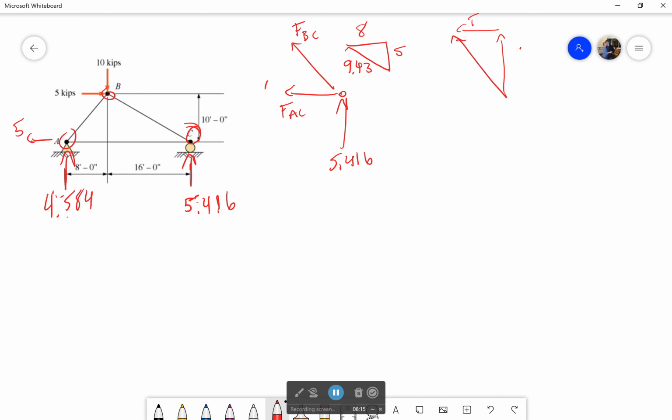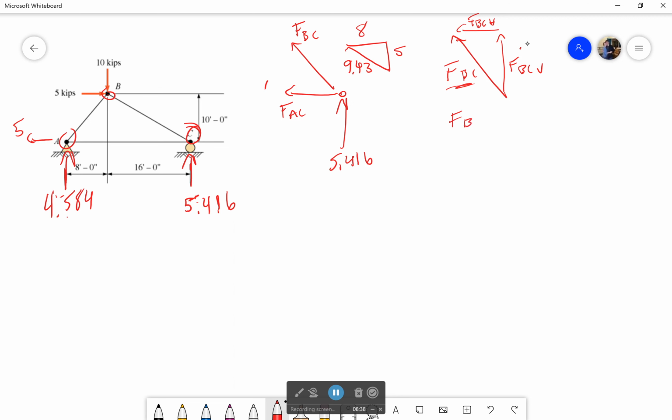Okay. Force BC horizontal, force BC vertical. Nope, everything should be good here. Just didn't draw to scale. So, with this right here, I'm going to go ahead and solve for both of those side ones in terms of force BC.